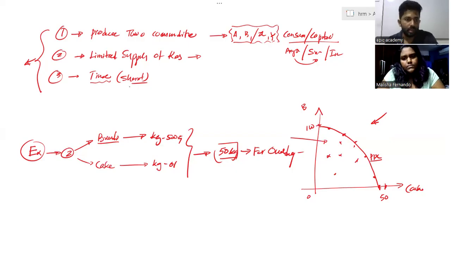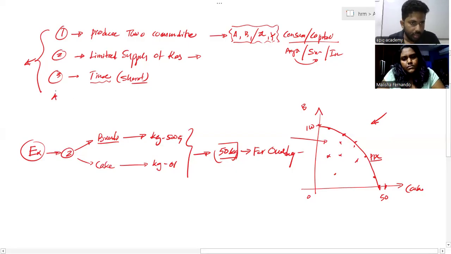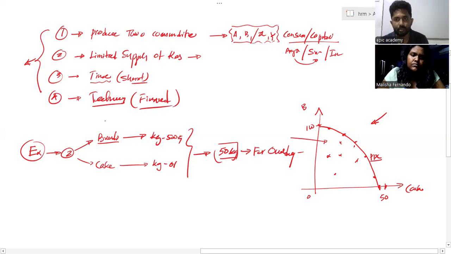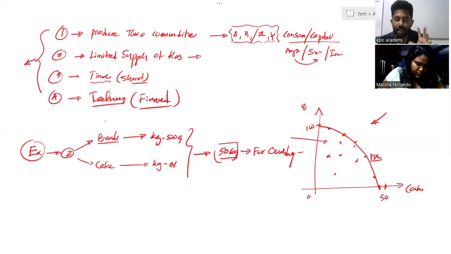So that's the meaning. Another assumption is the technology. The technology which is used to produce goods and services is fixed during the concerned time period. In practical manner, technology can be changed within a short time period, because technology is not a fixed factor in practice.